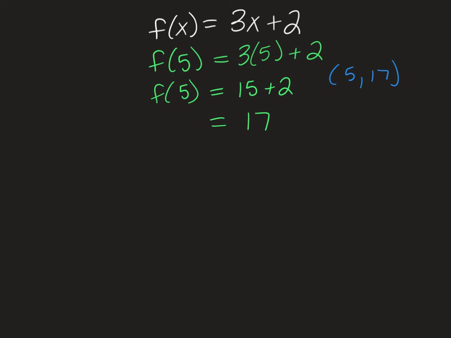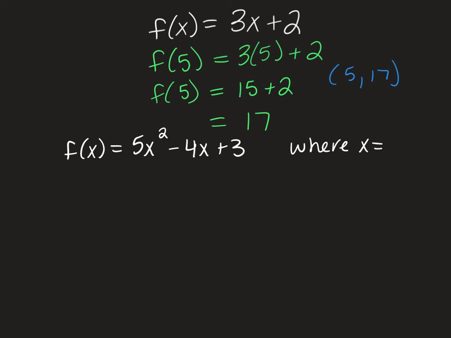So let's look at that first one. In part A, it says f of x is equal to 5x squared minus 4x plus 3. It wants us to evaluate it where x is negative 3. So what that means is we're plugging in negative 3 for x. We're going to have 5 times negative 3 squared minus 4 times negative 3 plus 3.